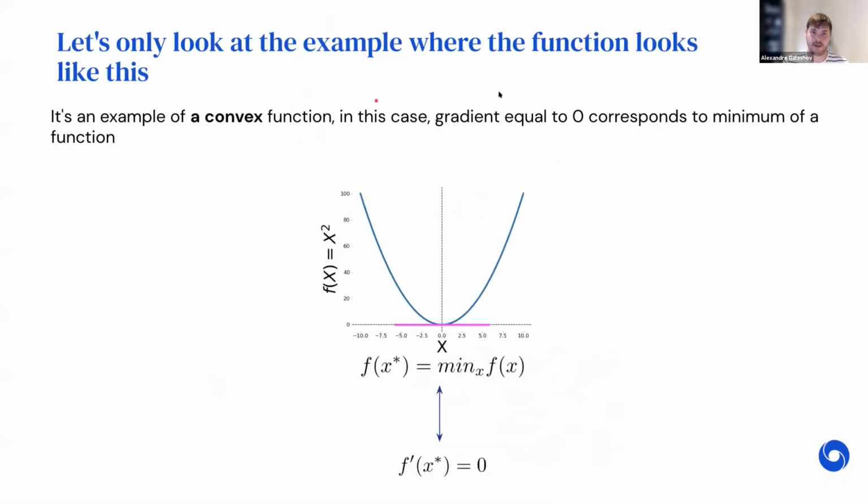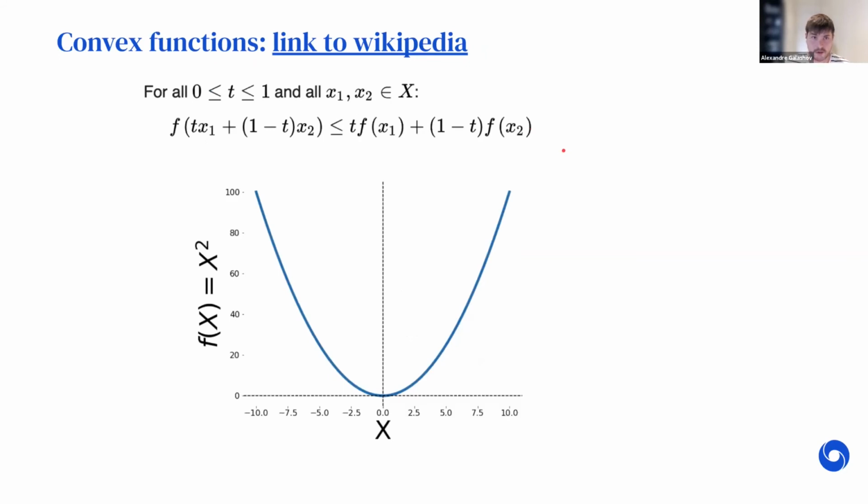Let me look at the chat. Okay, I see 18 minutes to finalize. Sure. So let me just quickly say how the convex function is defined. The definition in Wikipedia you can read.